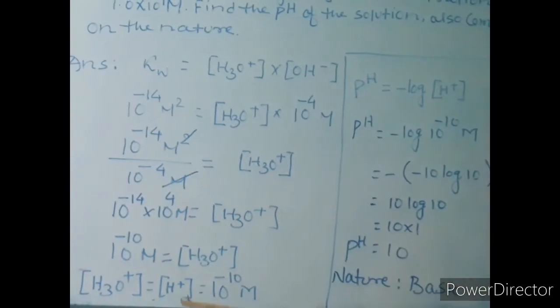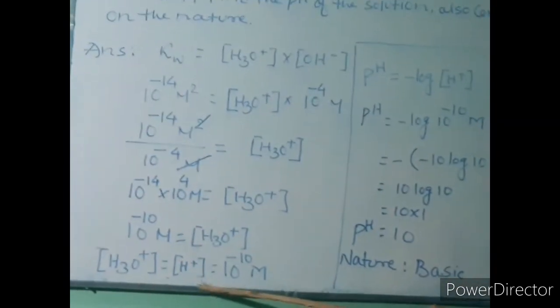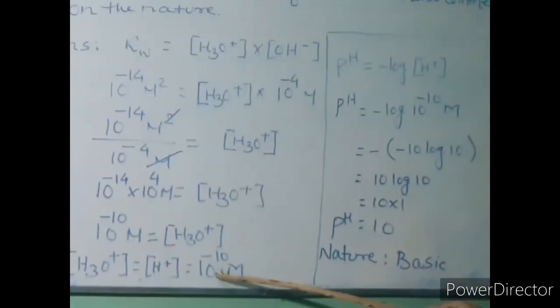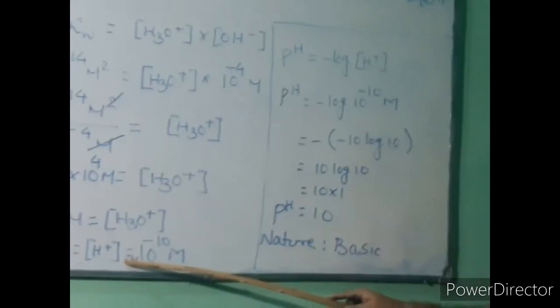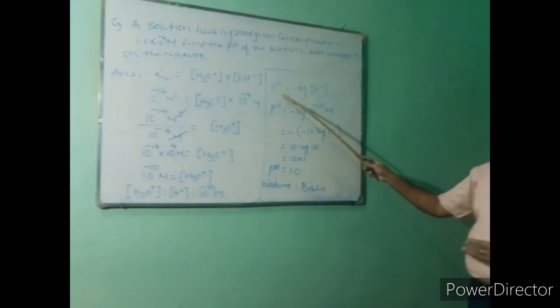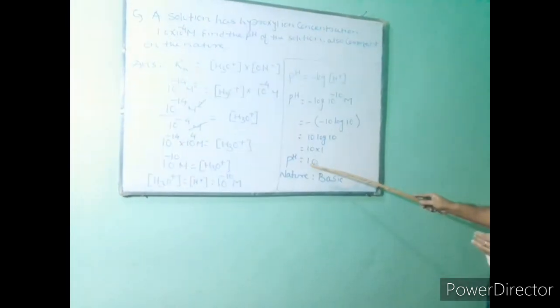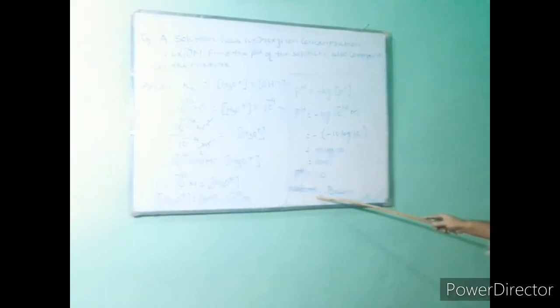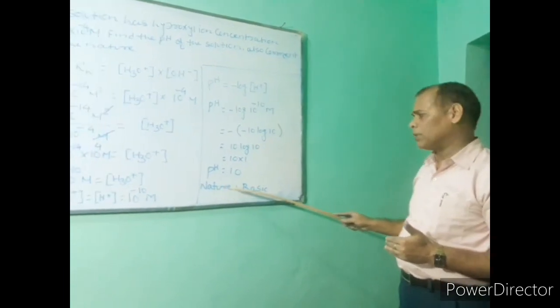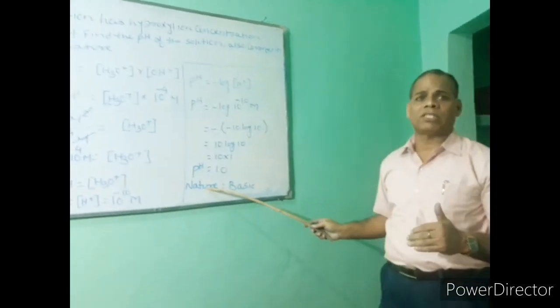With that, we find the concentration of hydronium ion or hydrogen ion, and then we can make use of the pH formula. We have calculated the pH, and the solution is basic in nature.